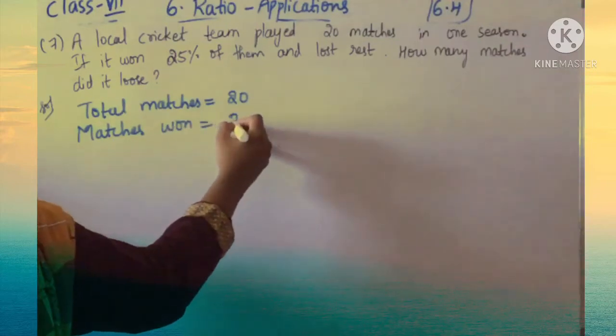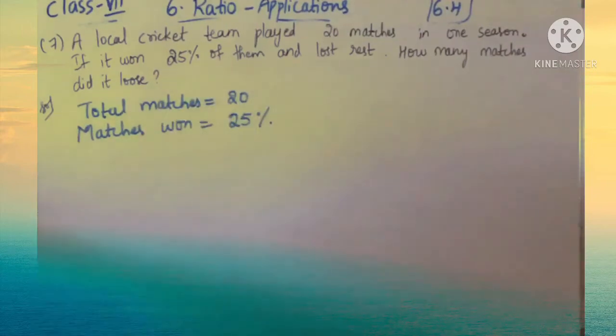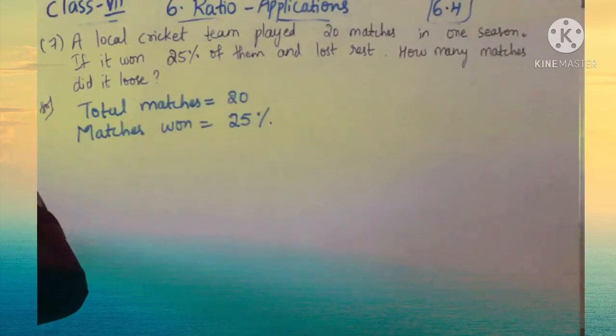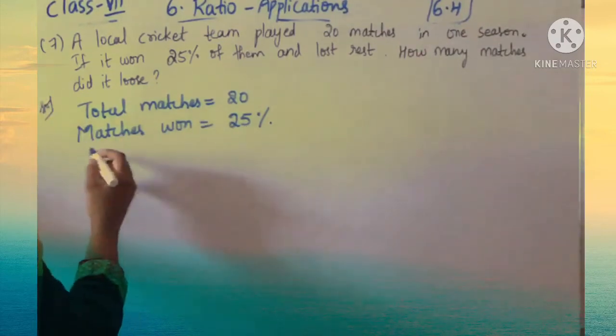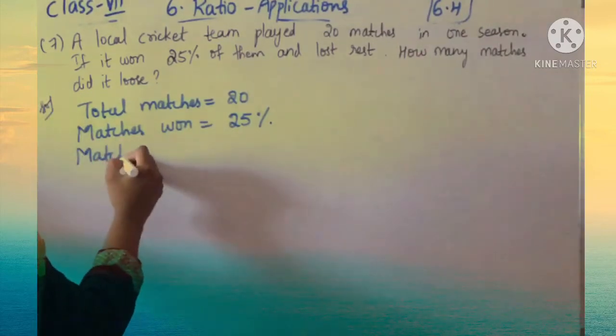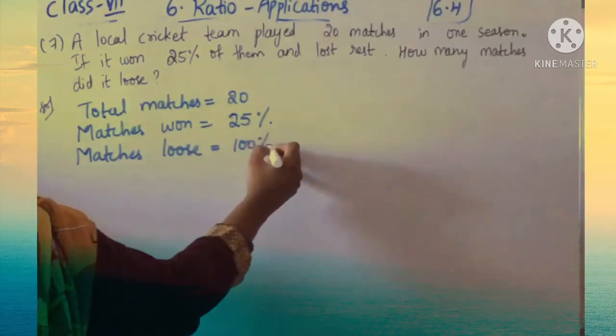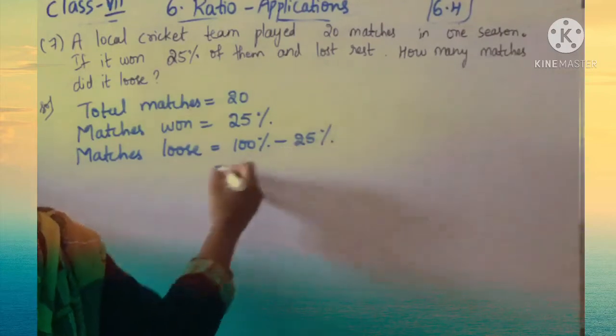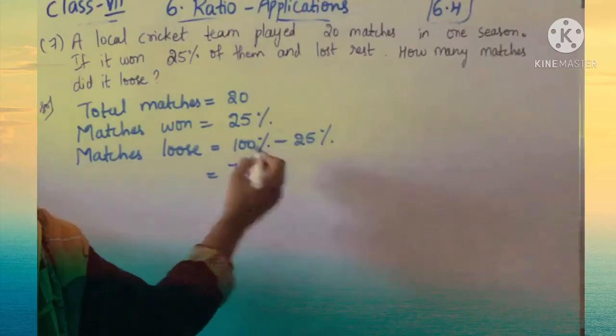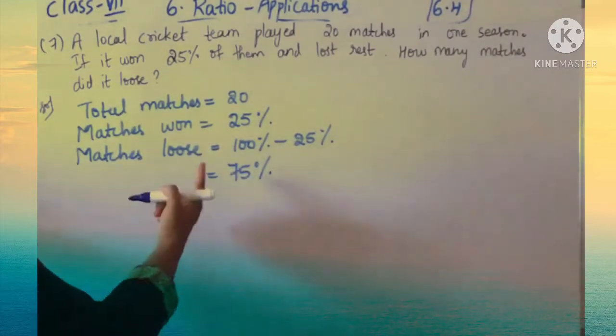Only 25% matches are won. Here we can find, then out of 100%, how many matches lost? That is 100% minus 25%. That is 75% of matches lost.